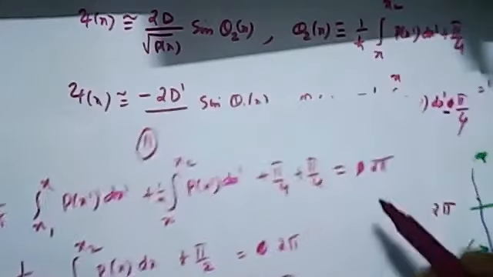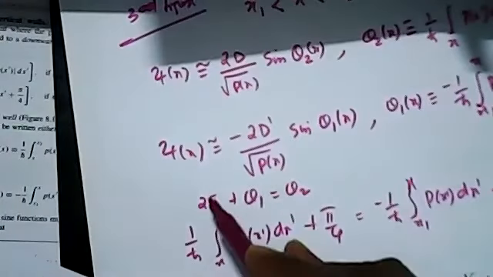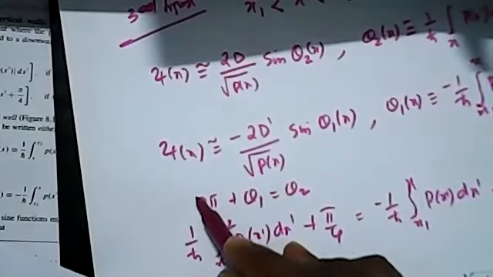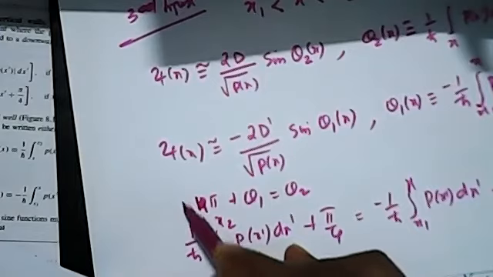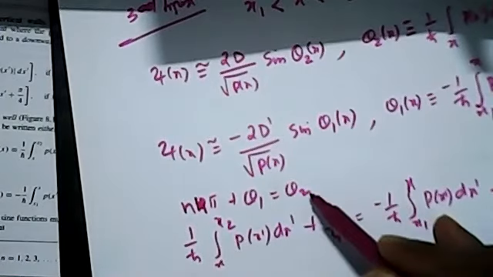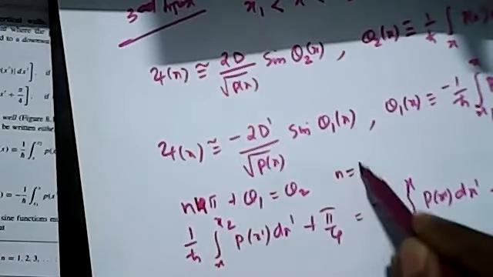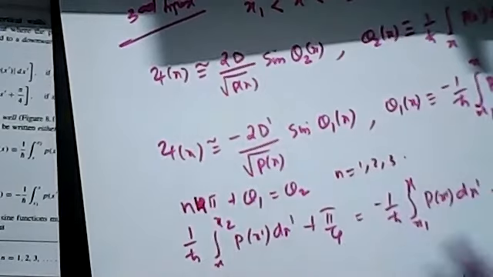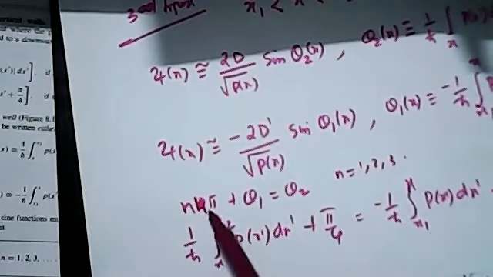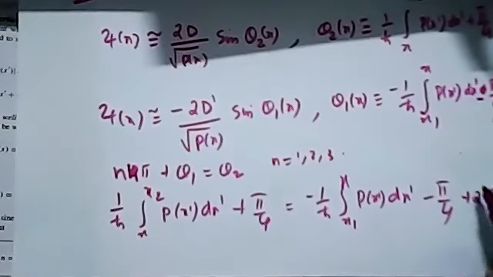Sorry, not 2 pi, there is a correction: n pi, where n can be 1, 2, 3 etc. 2 pi, 3 pi, 4 pi, everything will be satisfied.